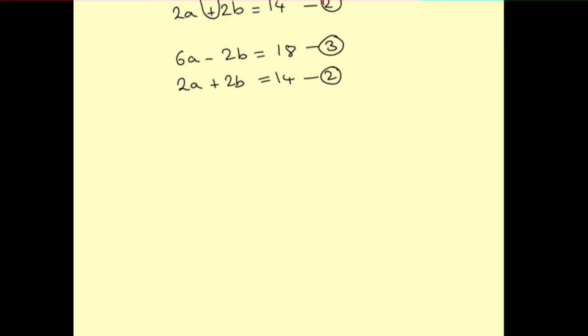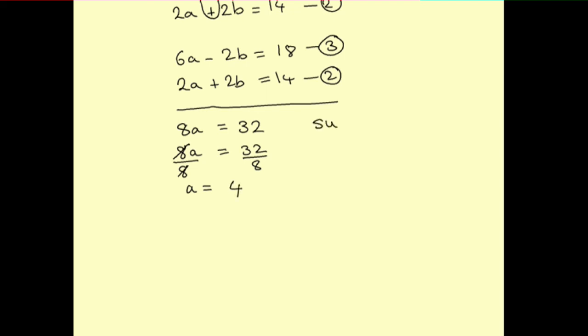So what we need to do now, we need to add the two equations together, so we get 8a on the top, the b's eliminate, and we get 32, as 18 plus 14 is 32, so we divide both sides by 8. So dividing both sides by 8, we get a is equal to 4.